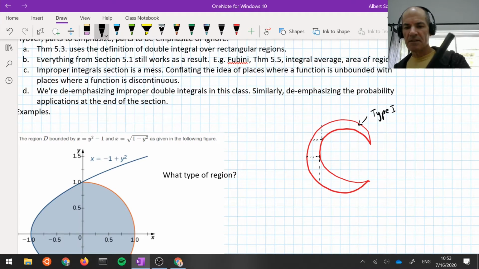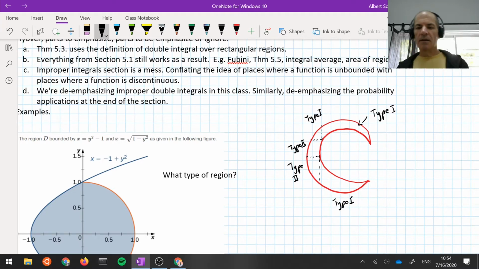Maybe this guy needs to be like this, so this would be type 1. This might be type 2. What's this guy going to be? This is going to be type 2. And last, this will be type 1.